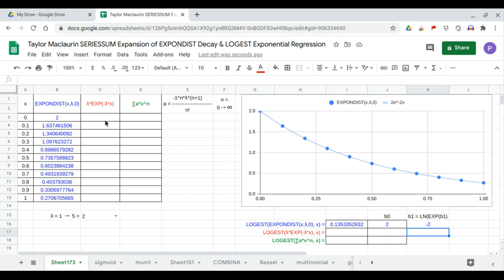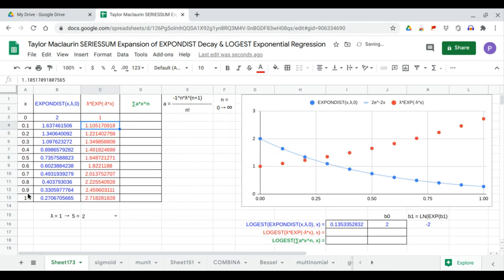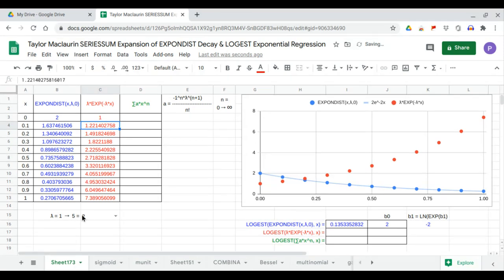Next, we use the exponential function, which is equal to array formula exponent of x. And there's lambda inside, so we factor in lambda times lambda. And there's a negative sign inside, so that's negative.